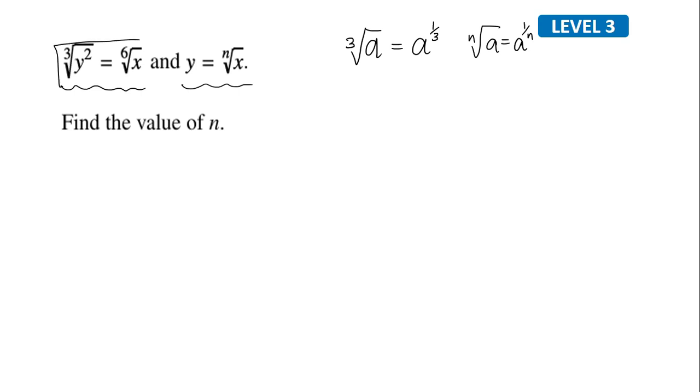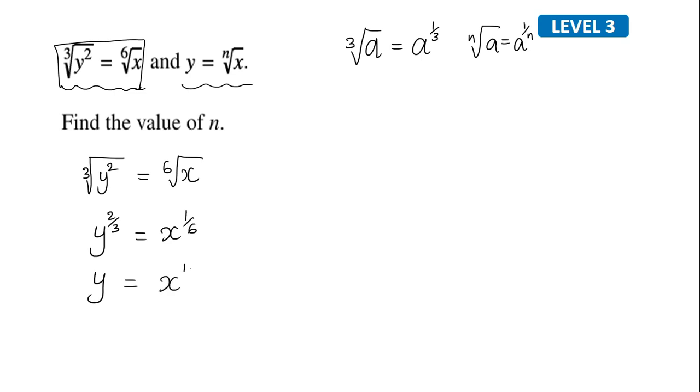Now starting with the first equation, cube root of y squared is equal to 6th root of x. I will rewrite this as y to the power 2 by 3 is equal to x to the power of 1 by 6. So from this, my y is equal to x to the power of 1 by 6 to the power of 3 by 2.